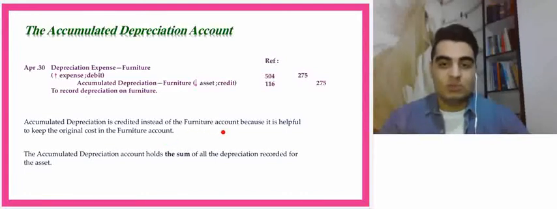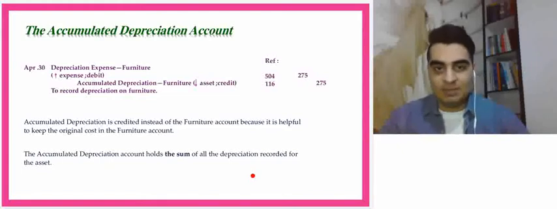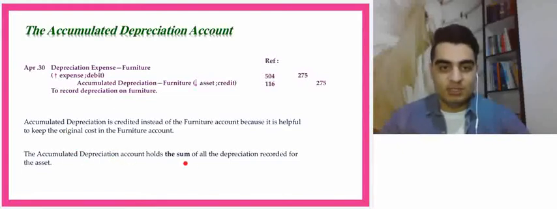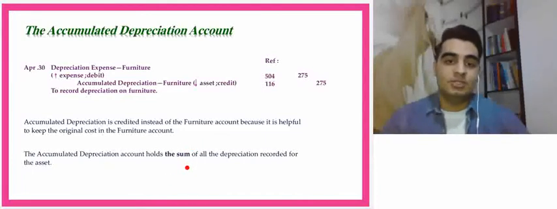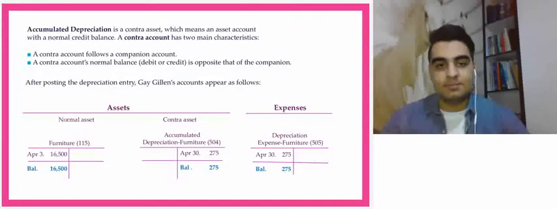We don't have any business with our furniture account itself, but we have business with our accumulated depreciation. The accumulated depreciation account holds the sum of all depreciation recorded for the asset. In a period, many depreciations happen, so our accumulated depreciation holds the sum of all our depreciations.